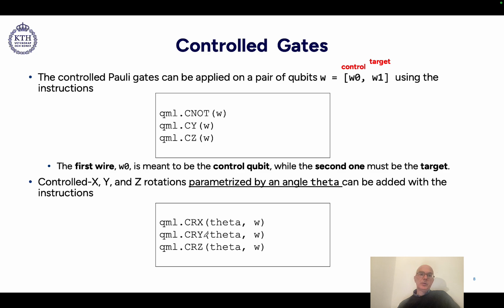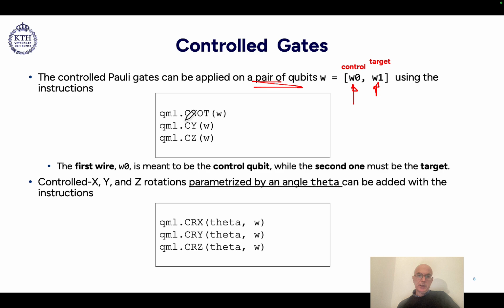We also have control gates. So for instance, control Pauli gates can be applied on a pair of qubits. Remember that the control gates require defining one qubit that is the control, and the target qubit. So in this case, we define a pair of qubits as W, where the first qubit is the control qubit and the second one is the target.